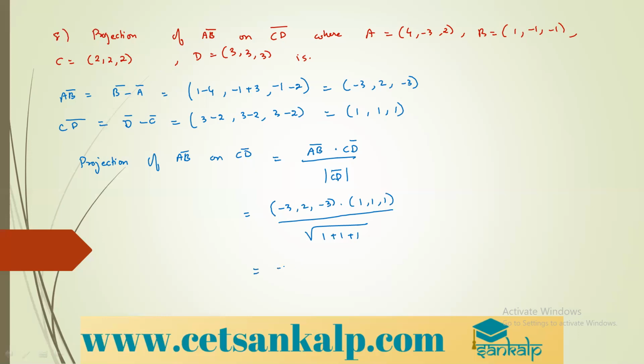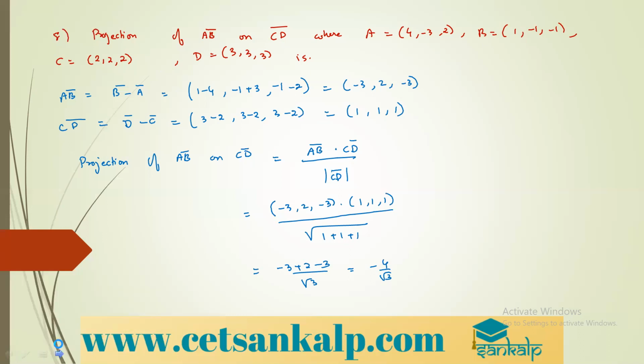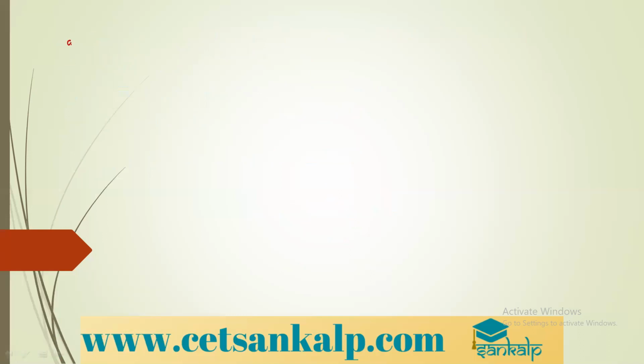The dot product will give me minus 3 plus 2 minus 3 by square root of 3, and that is minus 4 by square root of 3. If we know the formulas, we can do them very easily.